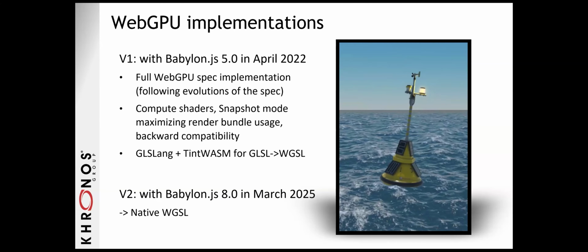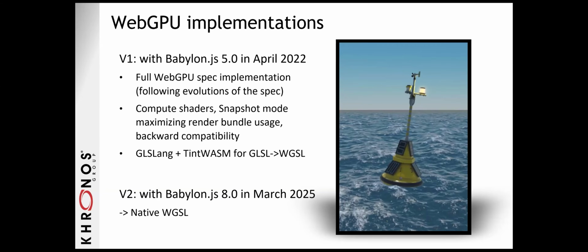So it's very important to make it very easy for developers, and the engine makes it completely transparent. It's the same JavaScript code that works in WebGL, and if WebGPU is available, then it switches to WebGPU. Of course, you can change this behavior if you want, but that's completely transparent for you.